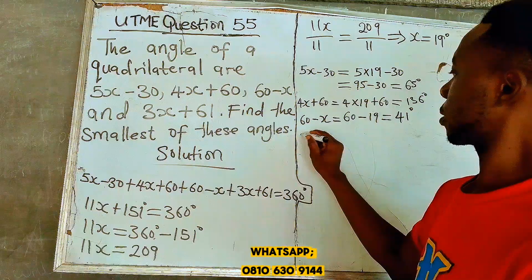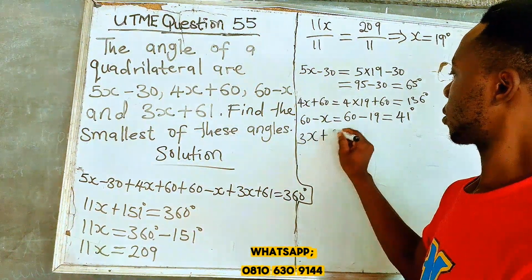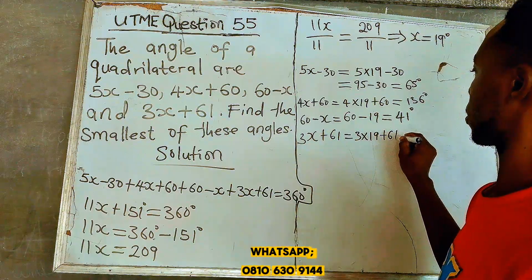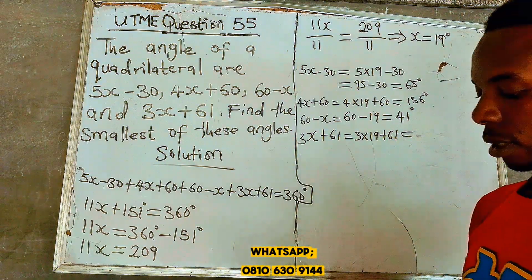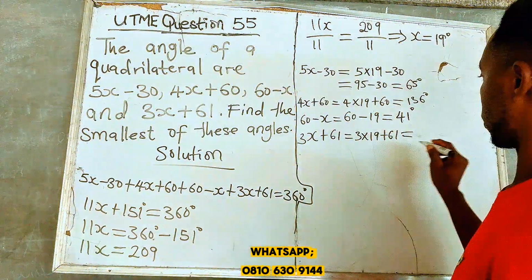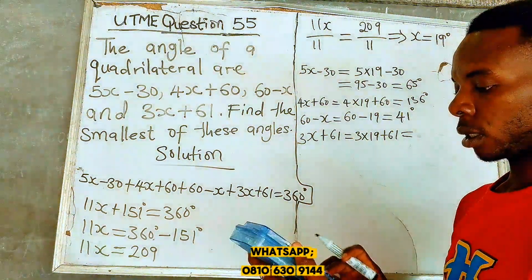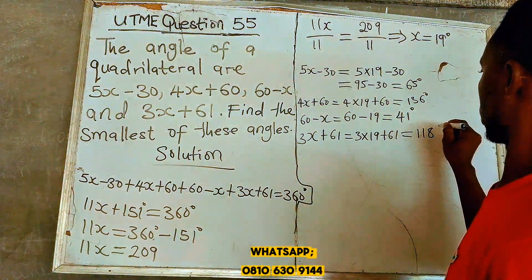And this one is 3x plus 61, which is equal to 3 times 19 plus 61. So 3 times 19 will give us 57. 57 plus 61 will give us 118.